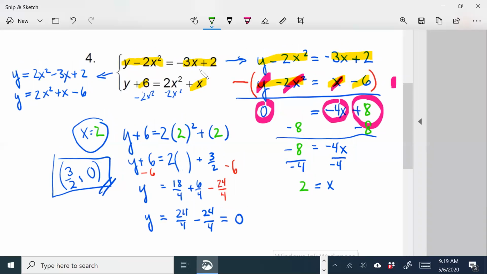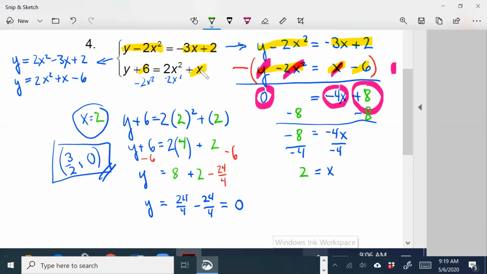And then I would have had 2 times 2 squared, which is 4, plus 2, so then 2 times 4 would be 8, plus 2. 8 plus 2 is 10, and 10 minus 6 would be 4.